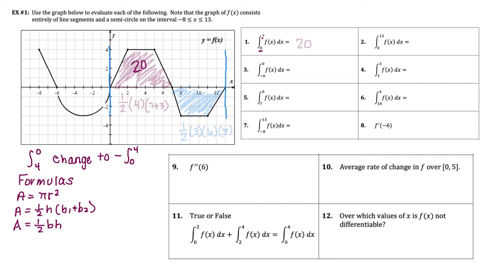It's going to be 54 over 2. So we're going to end up with 27 over 2, 13.5 is what we're going to get there. So we're going to have 13.5.